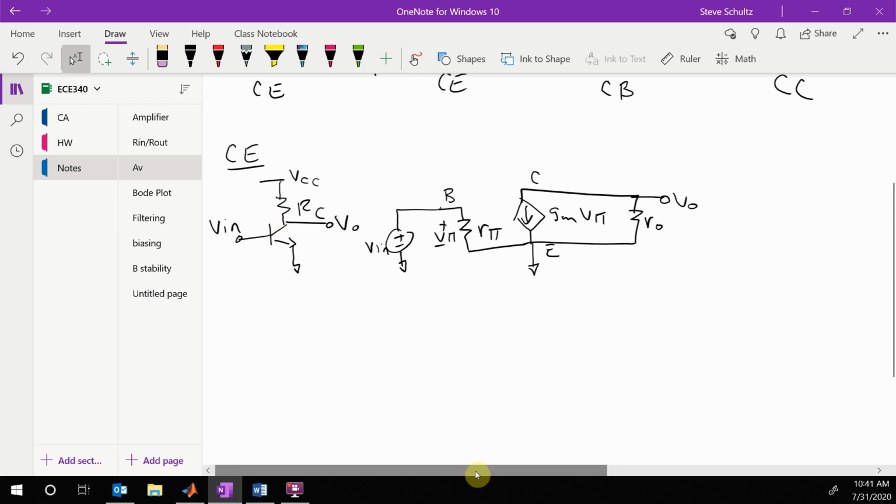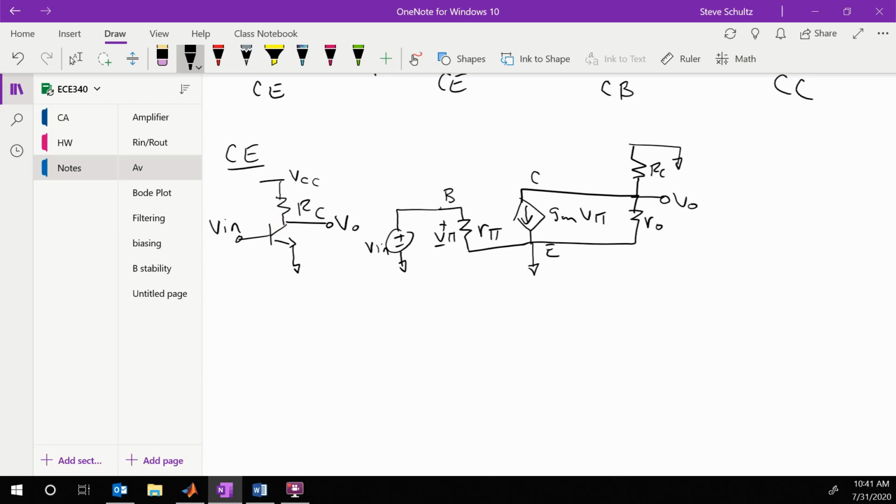And we're doing a small signal or an AC analysis, though, so that becomes a ground. Okay, so then we want to redraw this and flip this one down. So we're going to call that RC, and this is V out.